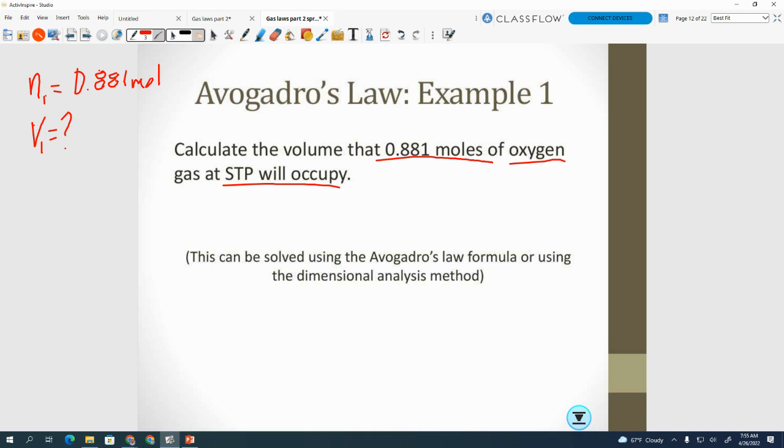All right. Now, we're given that this is occurring at STP. So what would my N2 and V2 be here? What do we know is the circumstance for at standard temperature and pressure? One mole is what?